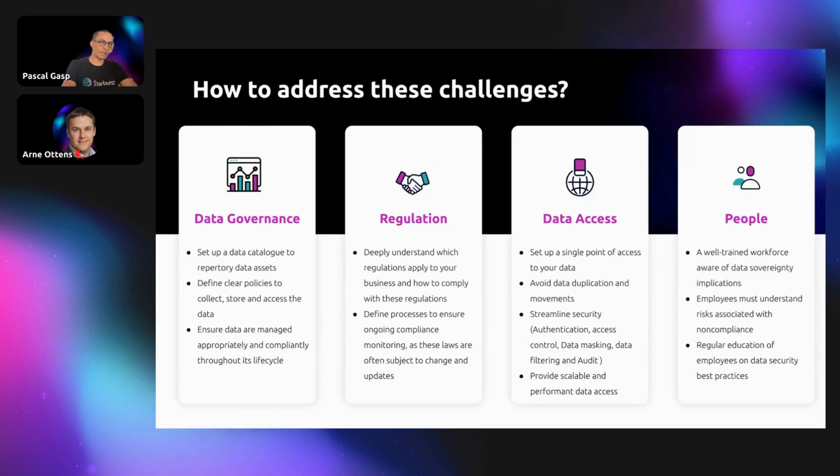The first one, which is not related to Starburst but is a general point, is that customers should, when they have data strategies, put as the first pillar to address data governance. Putting in place the right data governance policies.